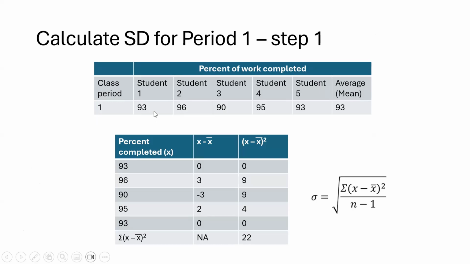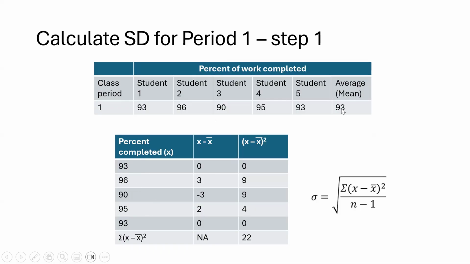So student 1 completed 93% of their work, student 2, 96%, student 3, 90%, student 4, 95%, student 5, 93%, for a mean of 93%. Now I've made myself a little table here where I just put my 5 trials here, 93, 96, 90, and so forth.